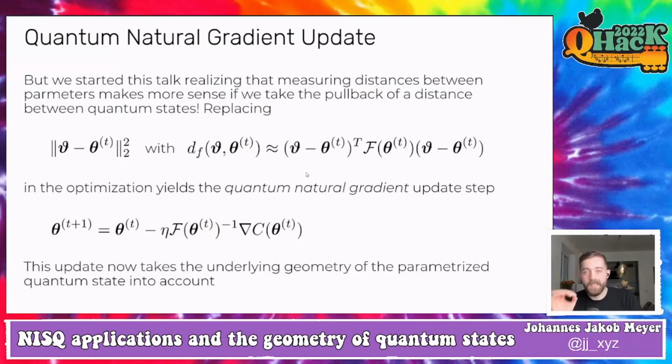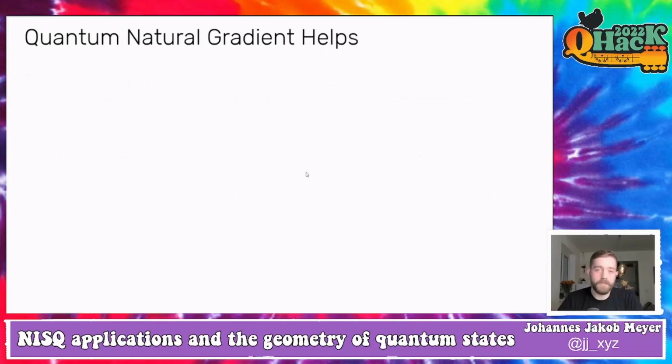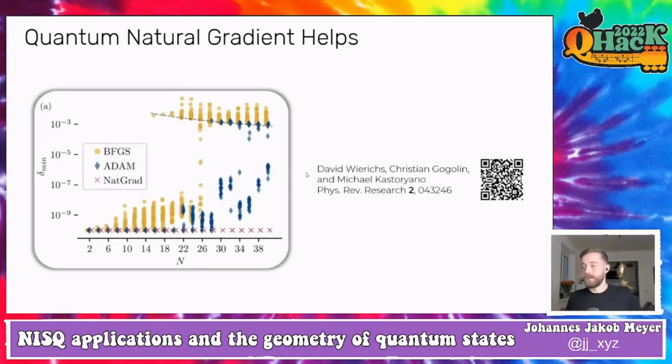So this is cool and intuitive, but you might ask yourselves if this actually helps, because it's not a priori clear that taking this particular structure into account is helpful. But there was this paper, from which I took a figure, by Wierichs, Gogolin, and Kastoryano. They compared quantum natural gradient with state-of-the-art optimizers, Adam and BFGS, for a wide range of qubit numbers, going up to, I think, 40 qubits.